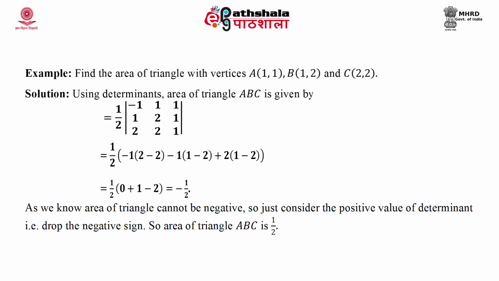Now expanding this determinant, we obtain the value minus half. Here the value is negative. As we know that the area of a triangle cannot be negative, we just consider the positive value of the determinant, so we drop the negative sign here. So the area of triangle ABC is half. So we have used determinants to find the area of a triangle with vertices 1, 1, 1, 2 and 2, 2.